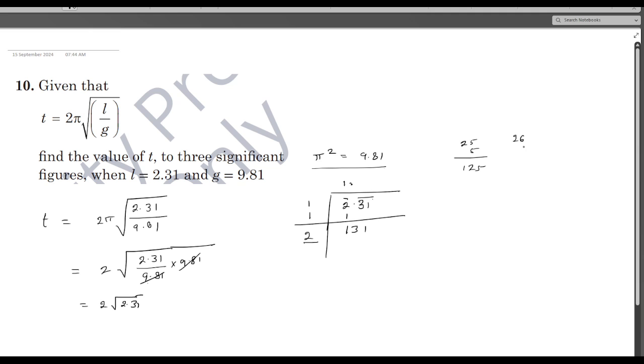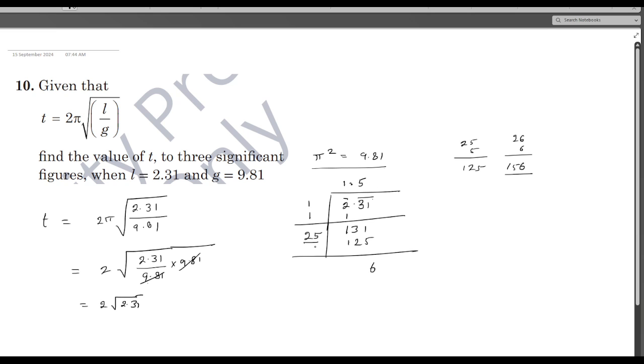And if I take 6, so 20 times 6 is 6 6 are 36, 6 2 are 12, 12 plus 3 15, 156, which is more than 131. So we will take 5. Here also 5. 25 times 5 is 125. Now 131 minus 125, 11 minus 5 is 6, 2 minus 2 is 0.